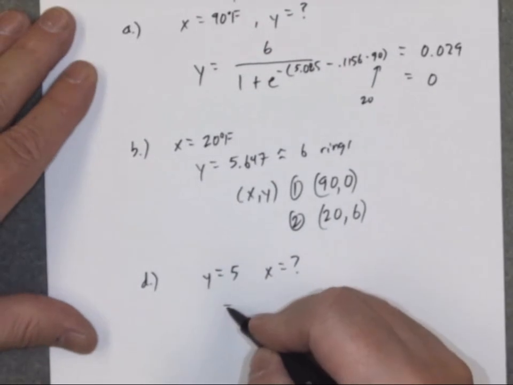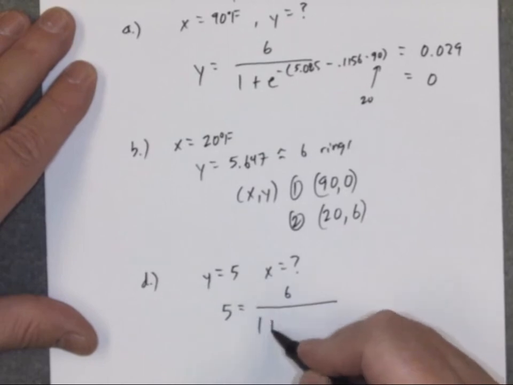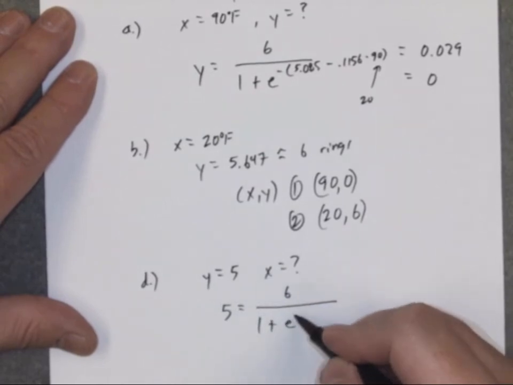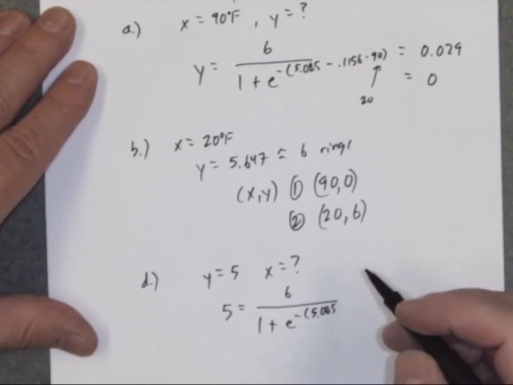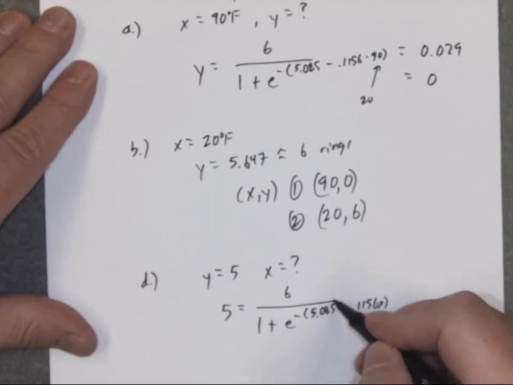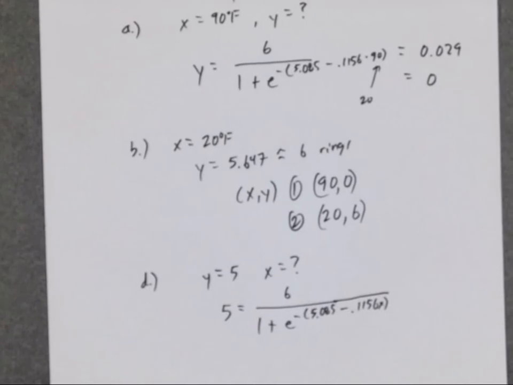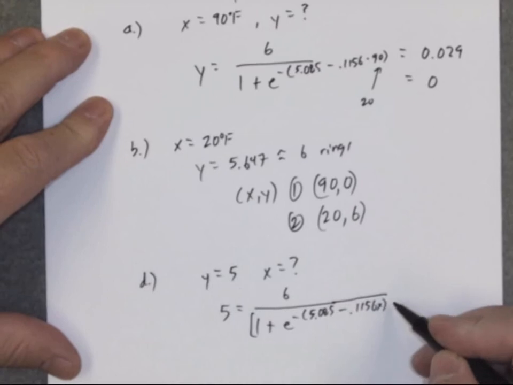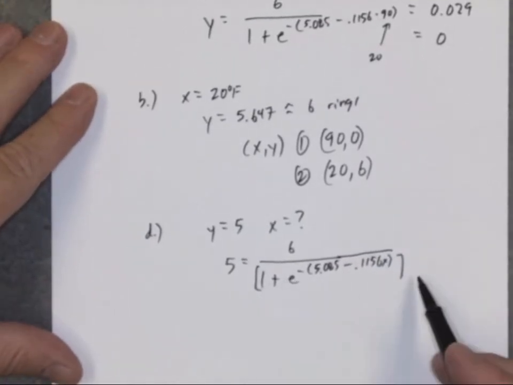So this is going to be 5 equals 6 over 1 plus e to the negative, in parentheses, 5.085 minus 0.1156x. Solve for x. Wow. In order to solve this, I've got to get this exponential by itself. First thing I'm going to do, now this is going to be messy. Multiply both sides by this whole parenthesis down here.